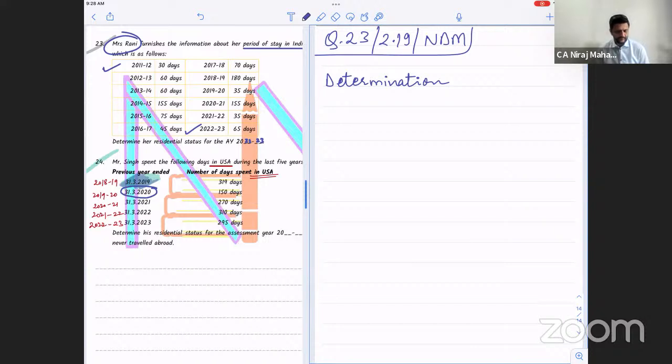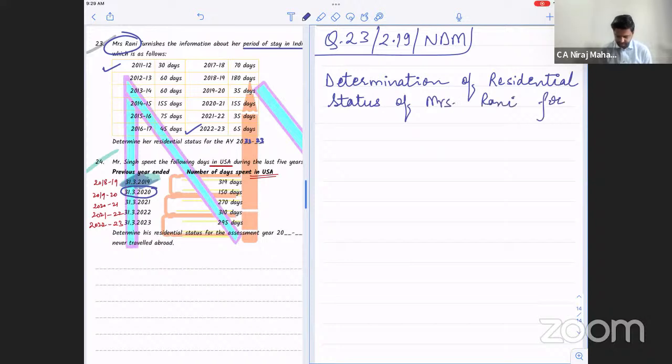All right. So, determination of residential status of Mrs. Rani for AY 23-24.